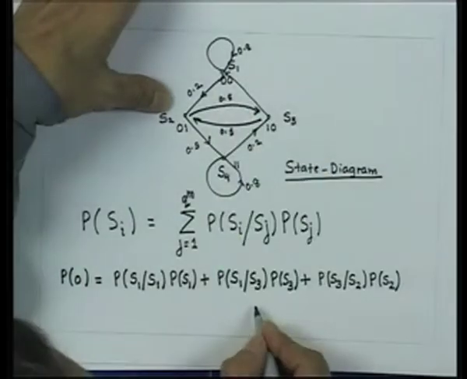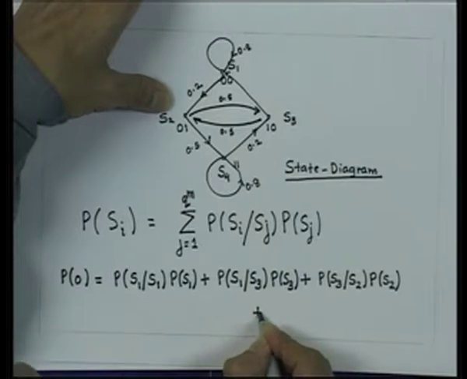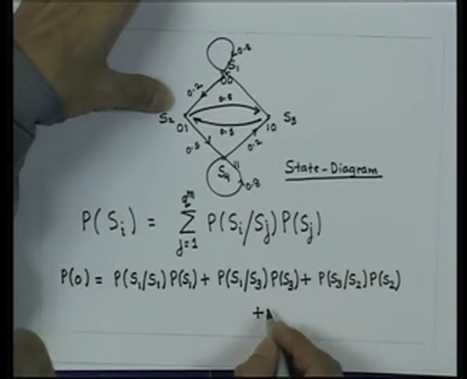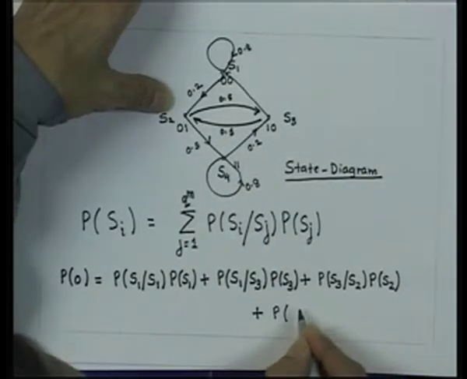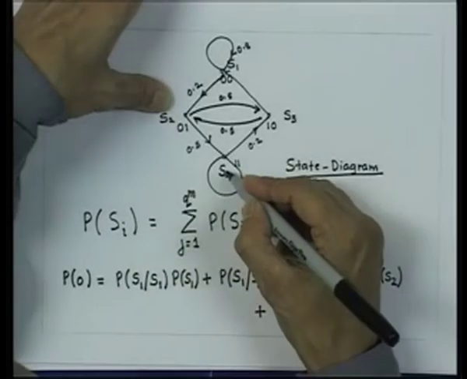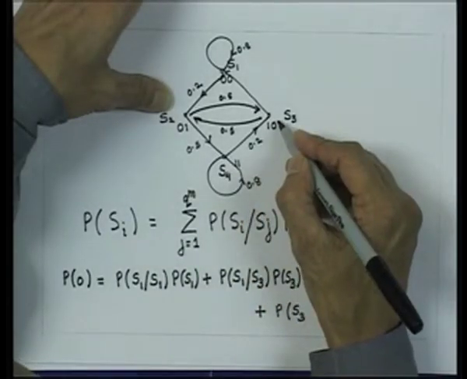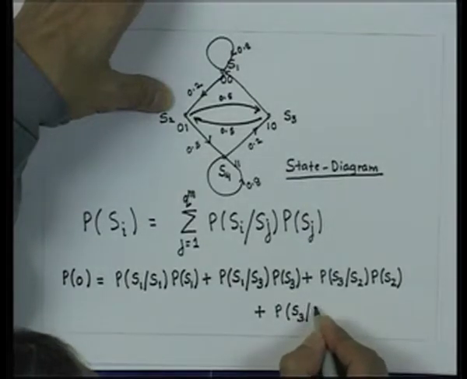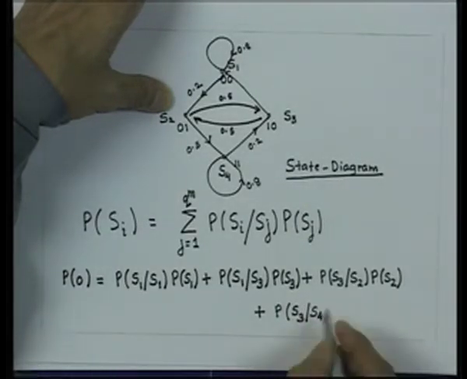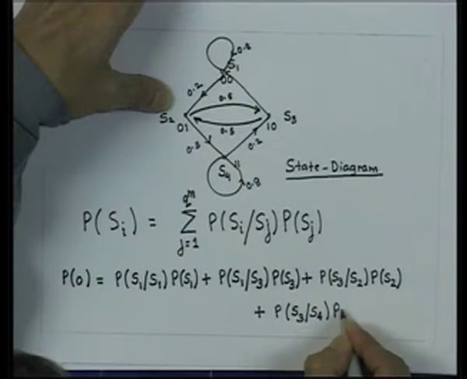finally, I have the probability of, I can come from, when I go from state S4 to S3, that can occur only when 0 occurs. So, the probability of S3 given I was in S4, times the probability of S4 itself.